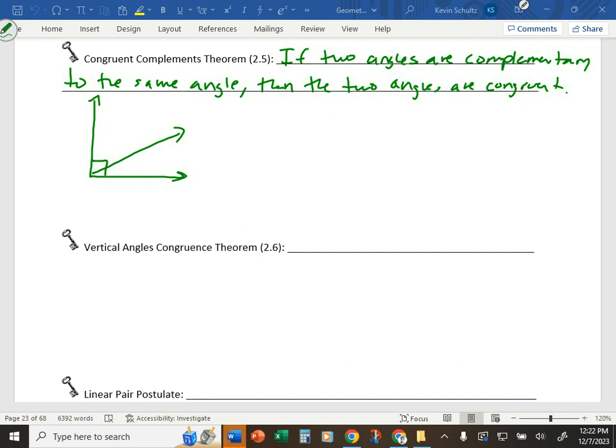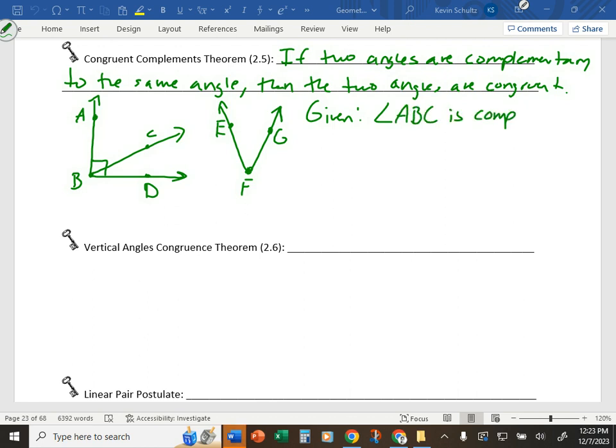Okay? Let's see. A, B, C, D, and then let's have another angle over here. We'll call it E, F, G. I think that would really confuse people if I started throwing Z's around like that. Okay? And if your given statement was that angle ABC is complementary, hold on.